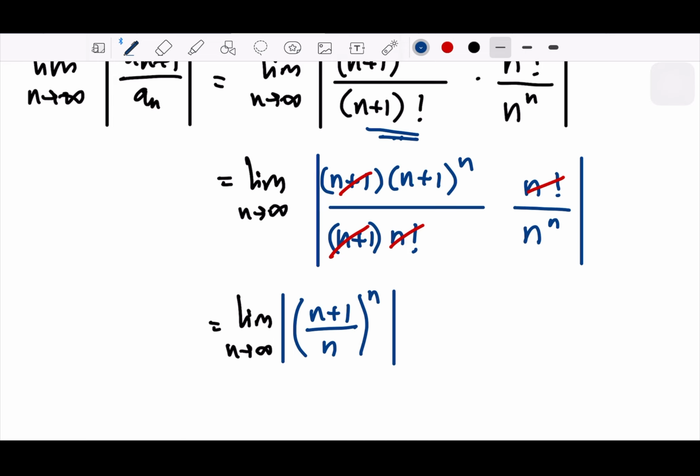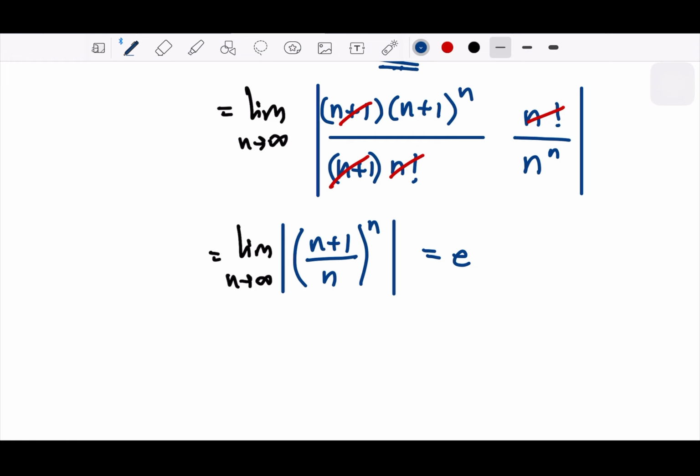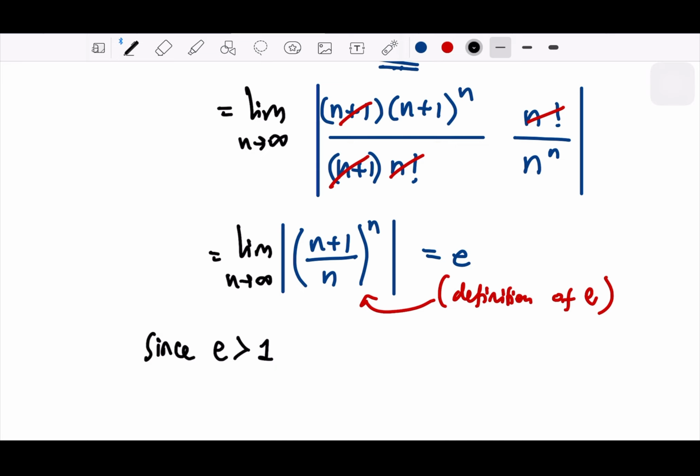This is the definition of e. And since e is greater than 1, the series diverges by the ratio test.